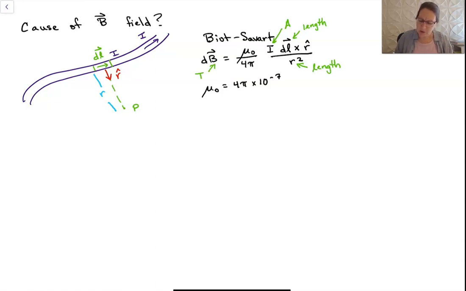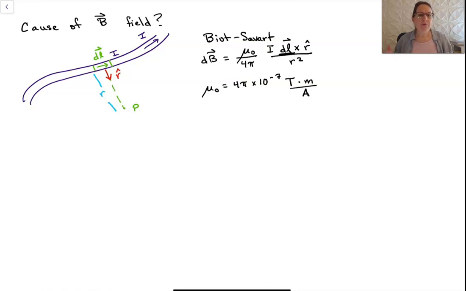So that means the units of this need to be Tesla, so that I'm left with Tesla there, times a meter, because I've got a meter squared in the denominator and a meter in the numerator from that, divided by amps. Okay, so that is our value of this constant, our mu naught. So we can plug that in.